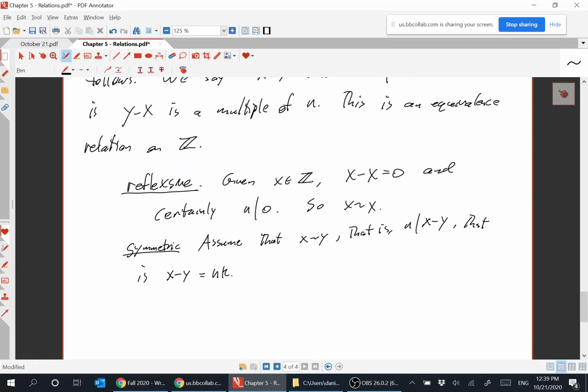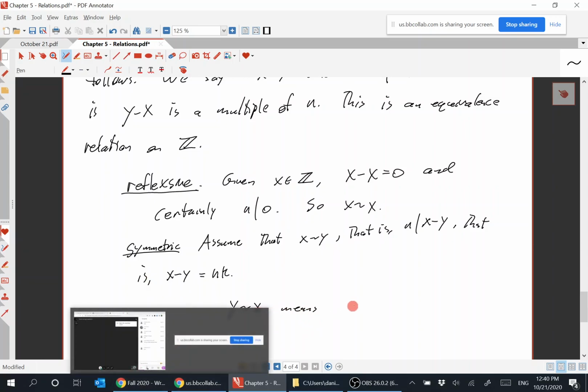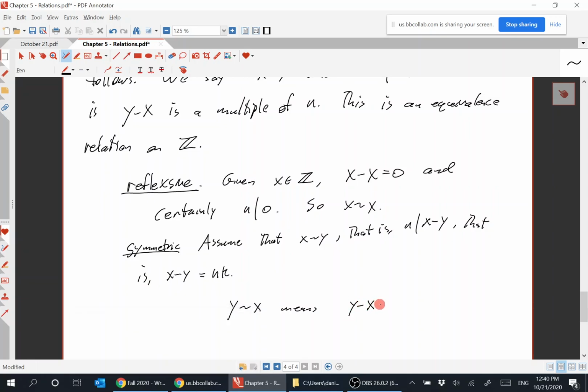That is, x minus y is a multiple of n. So now I want to show that y is related to x, which means what? Which means that y minus x is a multiple of n.